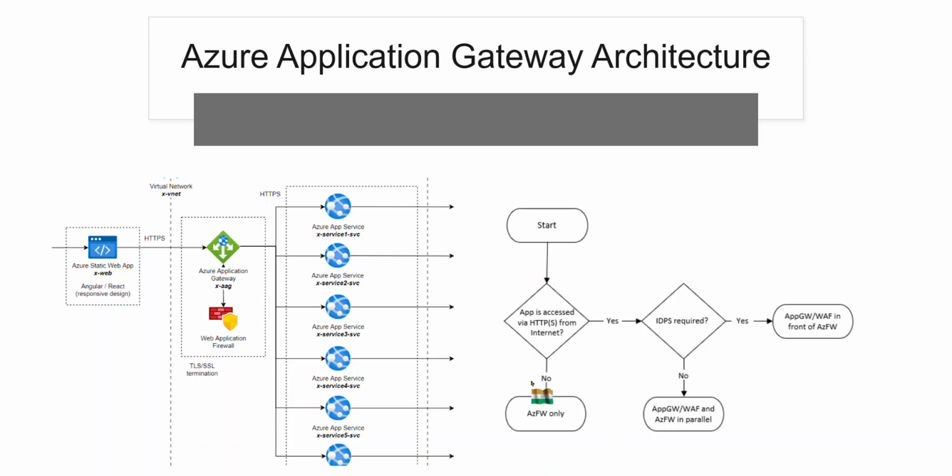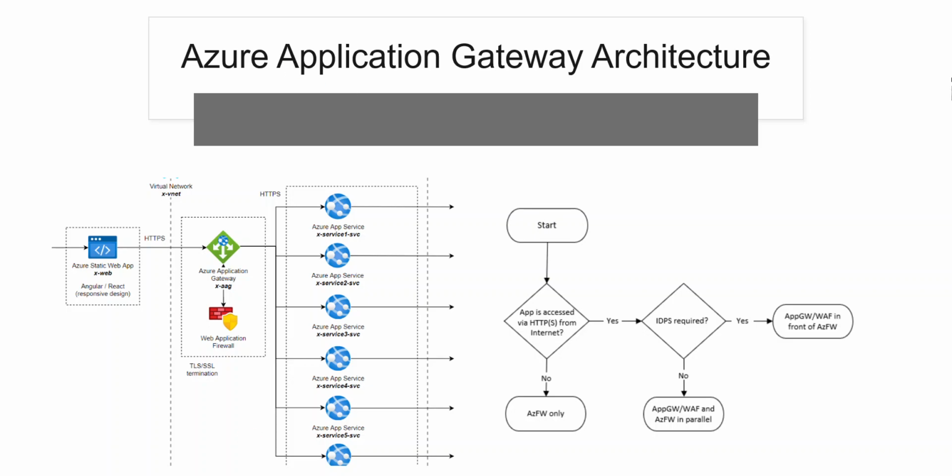And if it's an HTTPS application, it will ask for IDPS, which is nothing but the intrusion detection and prevention system. It monitors if there is any threat. Basically a firewall. It will be checked, whether it is required or not.